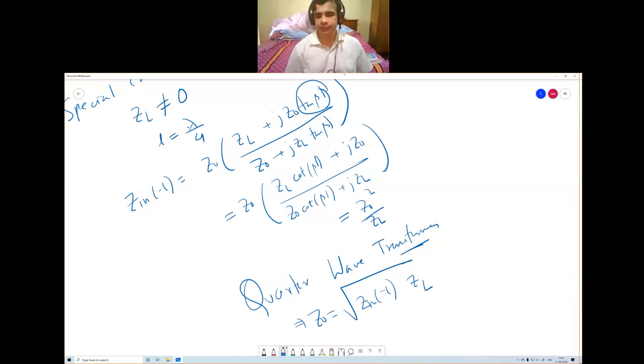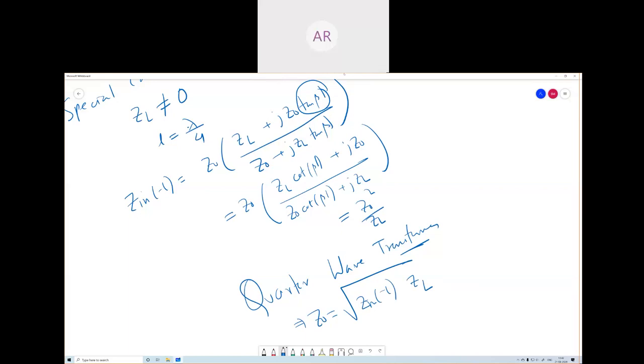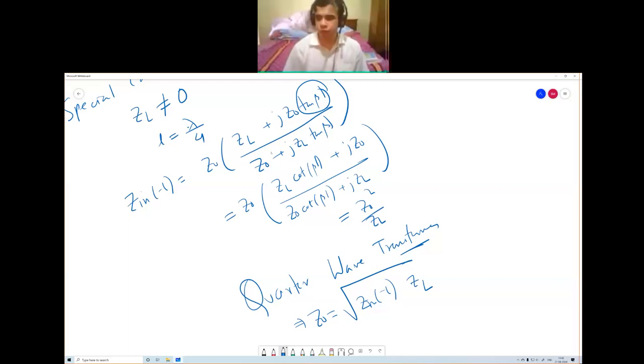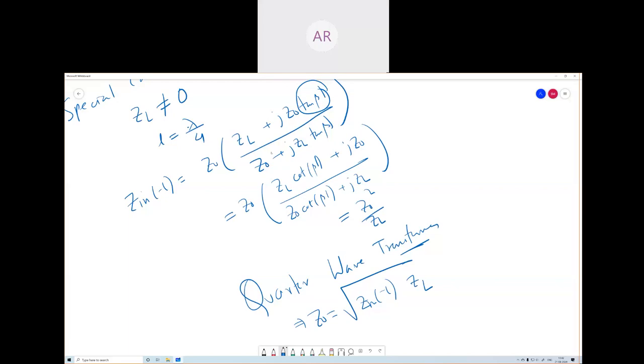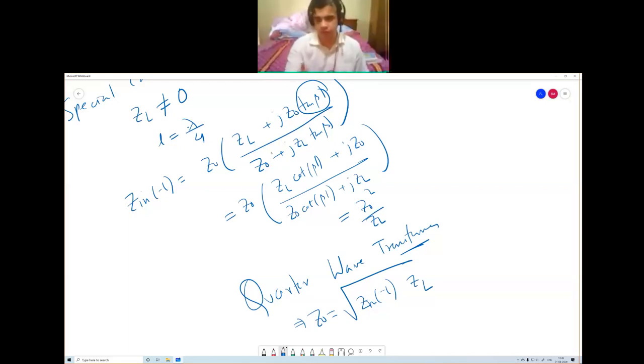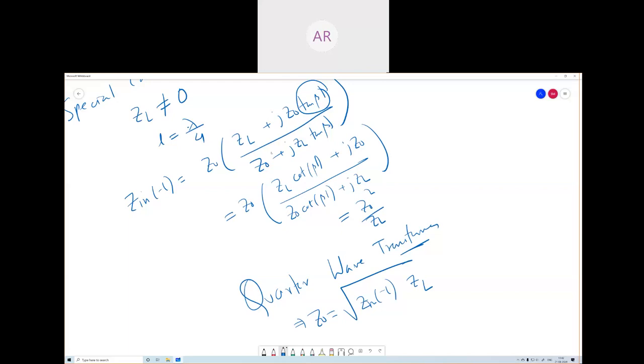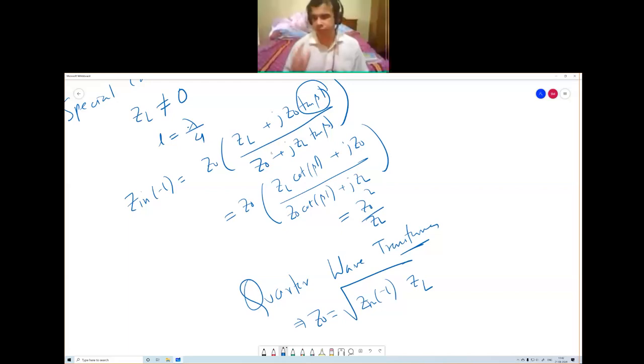Okay, this is the fundamental principle of something called a quarter-wave transform. And this is used to match loads very easily, provided you can manufacture lines with a given Z0 which follows this equation. But the disadvantage is that you cannot find Z0 for all cases. Also, this is very frequency dependent.